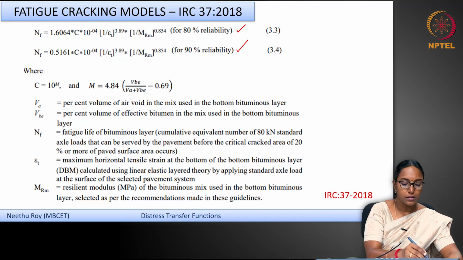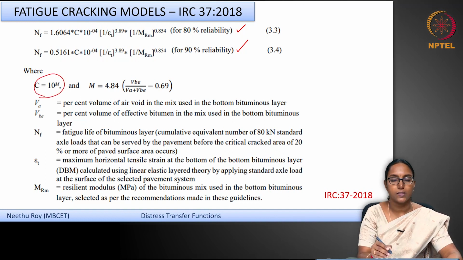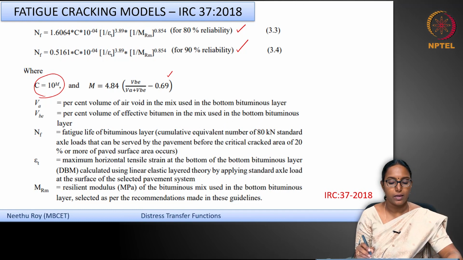Now, what is this C? C is represented as 10 raised to m, where m is equal to 4.84 times VBE by VA plus VBE minus 0.69. So, essentially this C and m relate to the characteristics of the bituminous mixture that we have considered.